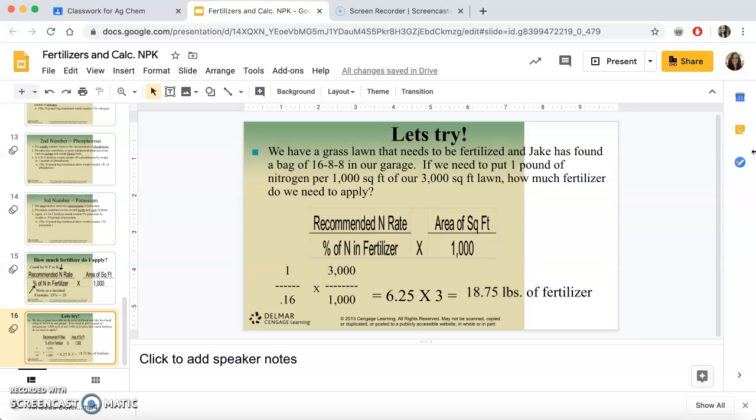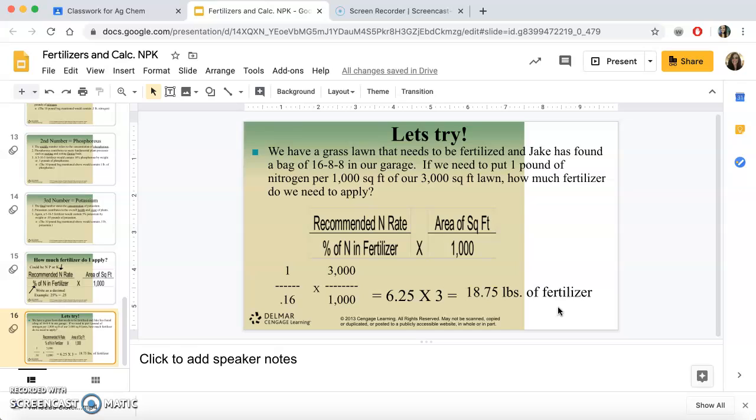So the recommended rate is 1 pound. We're going to put that over our percentage of nitrogen in the fertilizer. We're going to multiply that by our area, which is 3,000 over 1,000. We're going to get 6.25 times 3, which means in that particular area, you're going to apply 18.75 pounds of fertilizer.